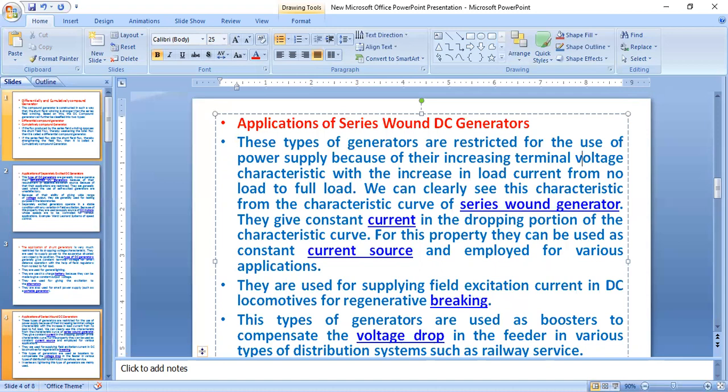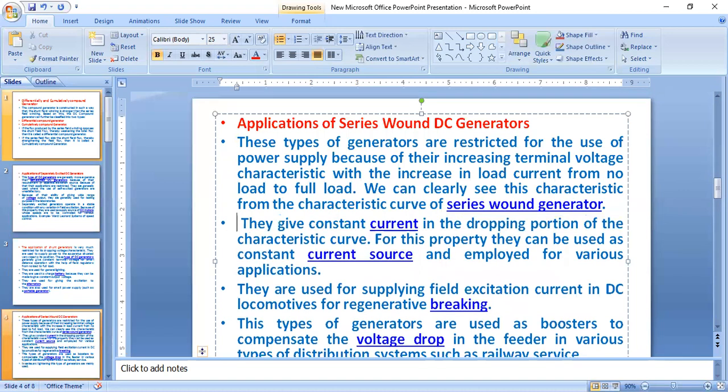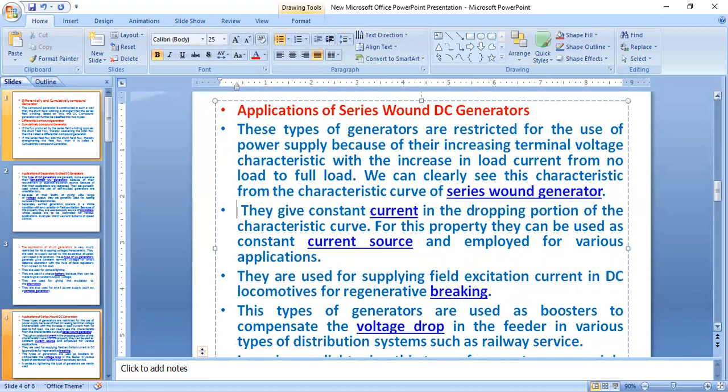Characteristics curve of series wound generator. They give constant current in the dropping portion of the characteristics curve. For this property, they can be used as constant current source and employed for various applications.